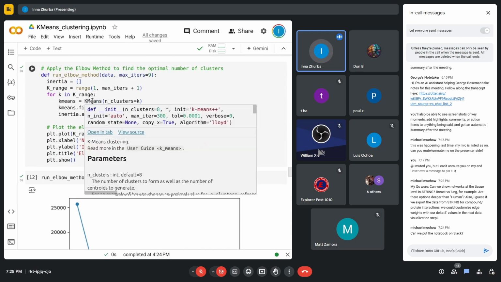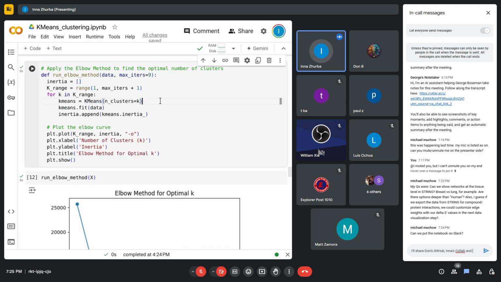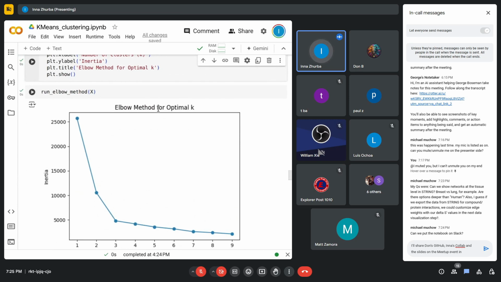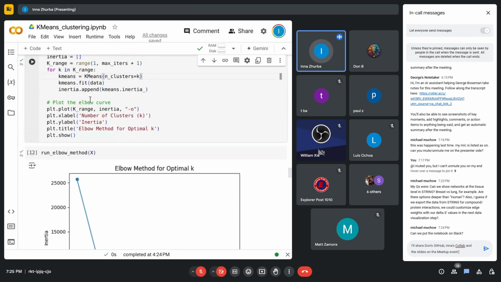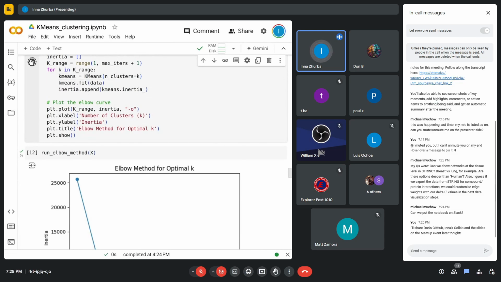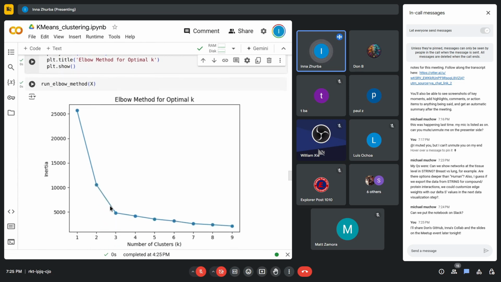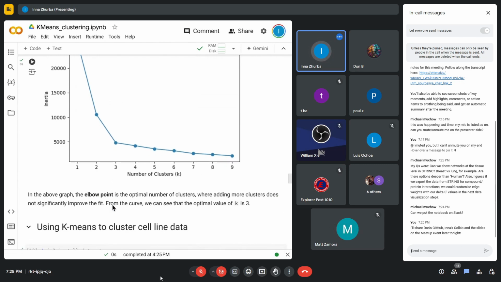We calculate k-means for the number of clusters we're interested in, and in our case that would be 9, right? And just fit in the data and, visually representing it, we then can see the right elbow and the right point showing the number of clusters we need to select.